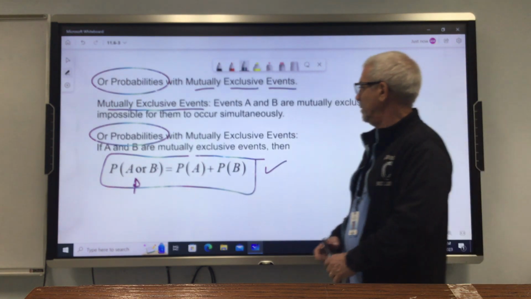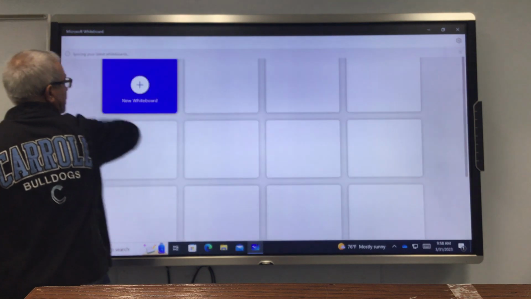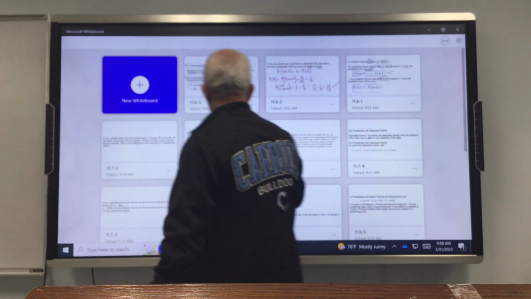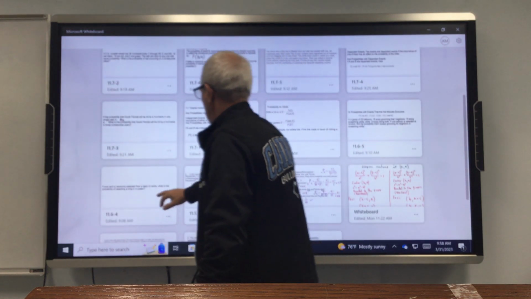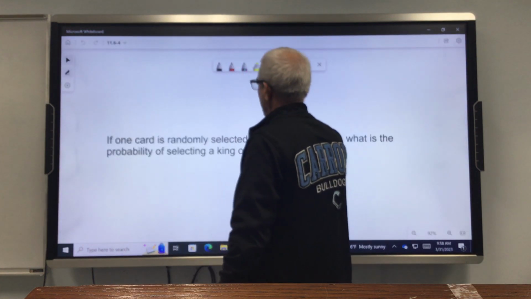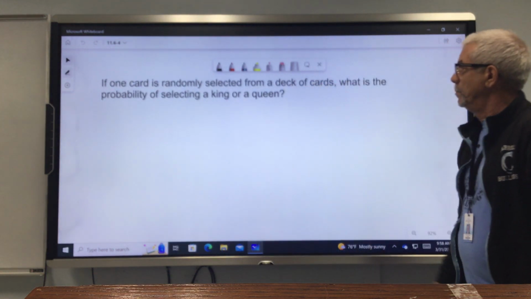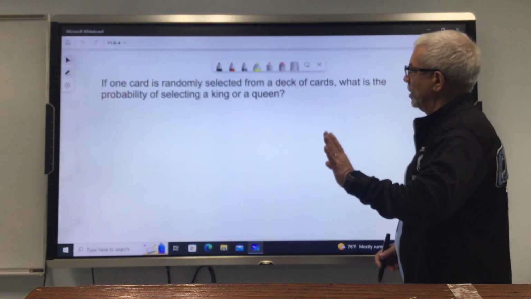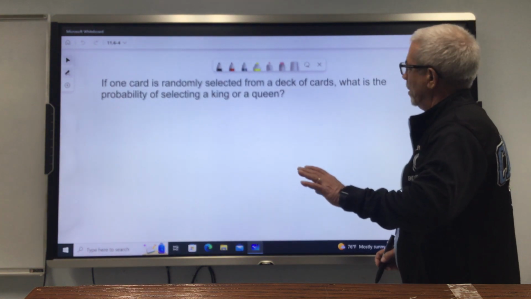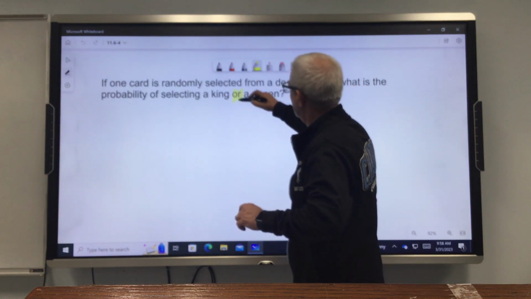All right? Then let's see an example. Look here. We are going to continue with the cards. Very important, this word, "or".